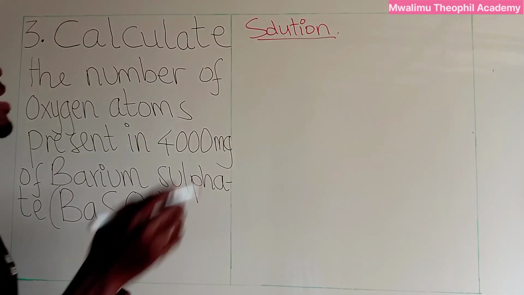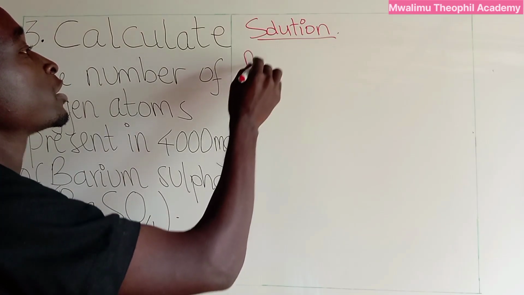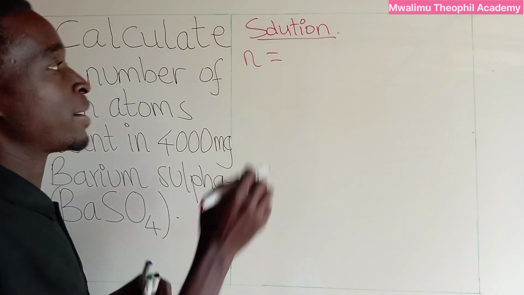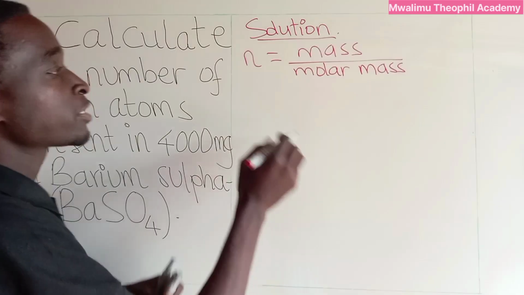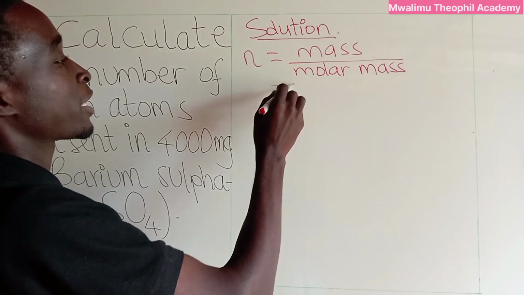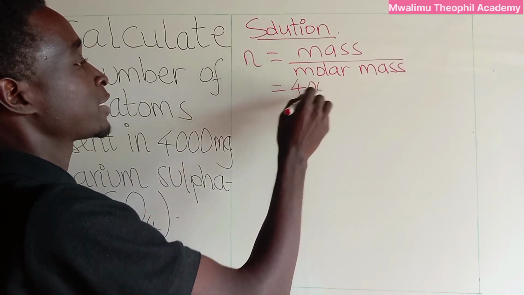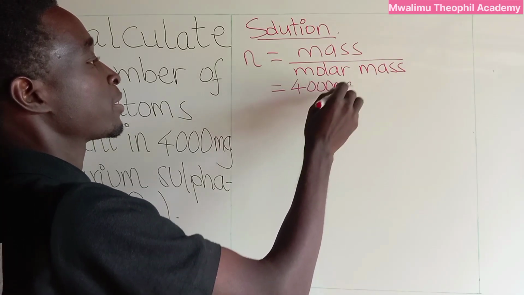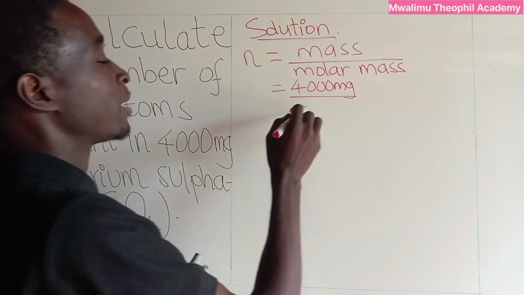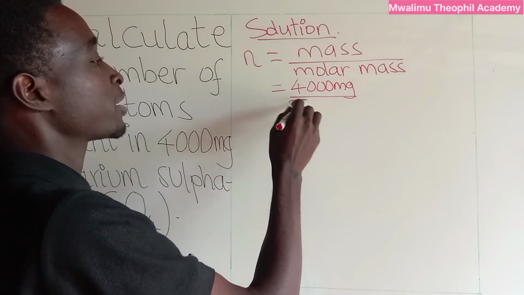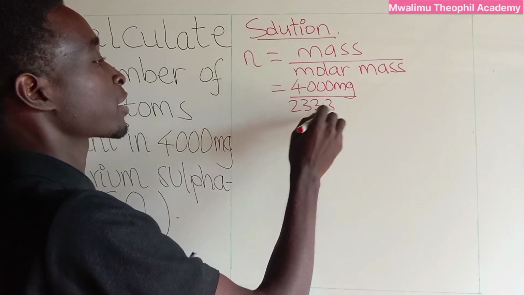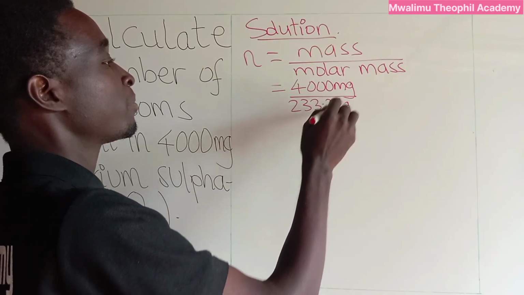You have to remember, the number of moles is equal to mass over molar mass. This is equal to the given mass 4,000 mg over molar mass of barium sulfate, which is 233.39 gram per mole.